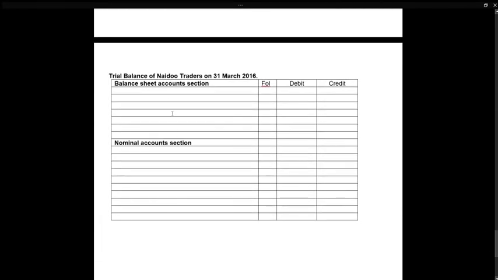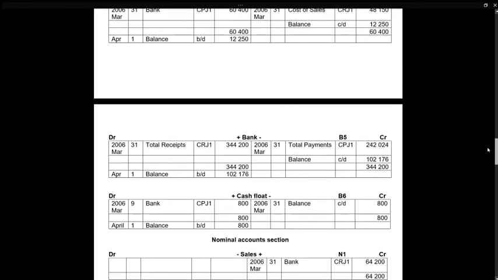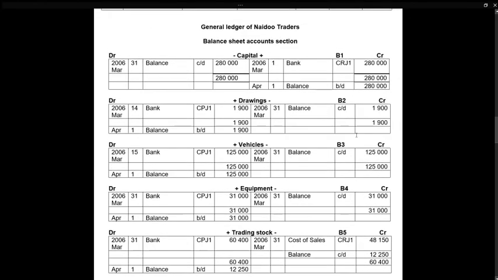Right, so first of all, we're going to start with capital. Capital B1, and the amount was 280,000 Rand. Now we're going to do drawings. Drawings had a debit balance of 1,900.